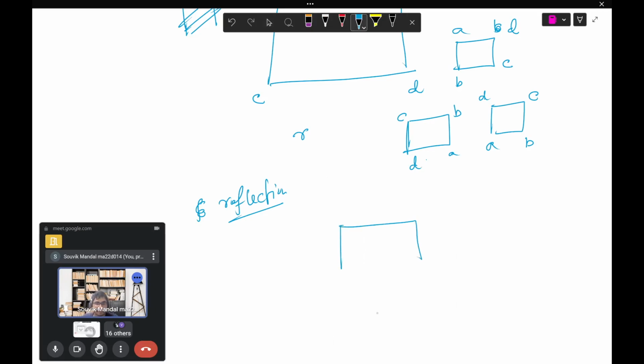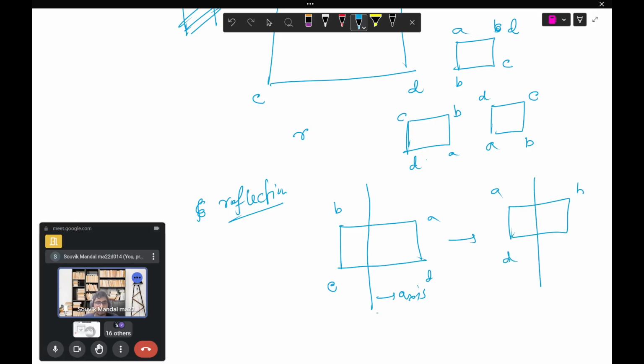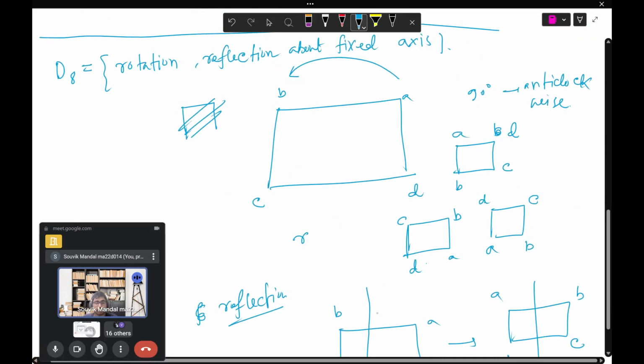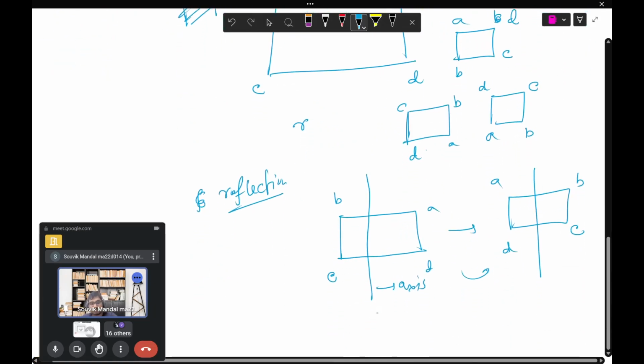This is the axis of reflection. If we take it A, B, C, D, then by doing reflection with respect to this axis, we'll get this A, B, B, C. So this is the reflection, and above we got the four rotations. These reflections are denoted by S.